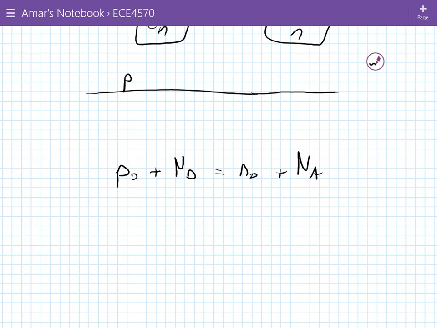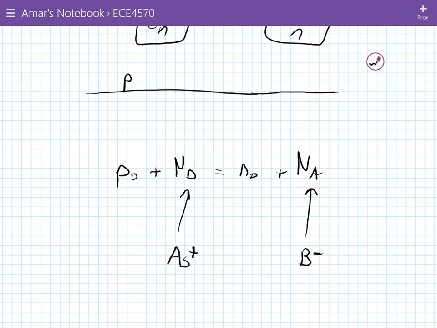When we're talking about Nd, this is the number of ionized donors. So remember, when an arsenic ion loses that electron, the nucleus becomes positively charged. An ionized acceptor atom like boron, right, when that hole leaves, it acquires an effective negative charge.